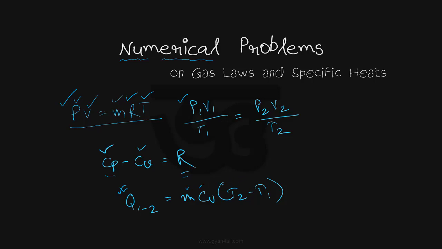This is for a constant volume process, and if it is a constant pressure process, then the formula will be m Cp (T2 minus T1), where Cp is for the constant pressure process and Cv is for the constant volume process.